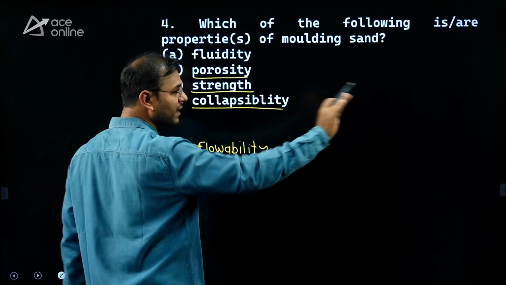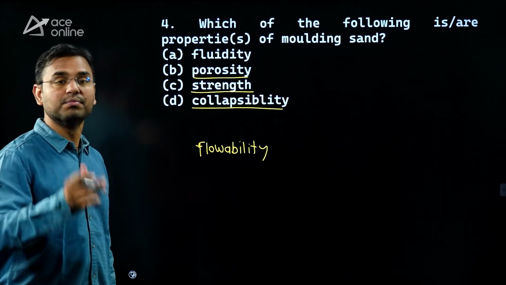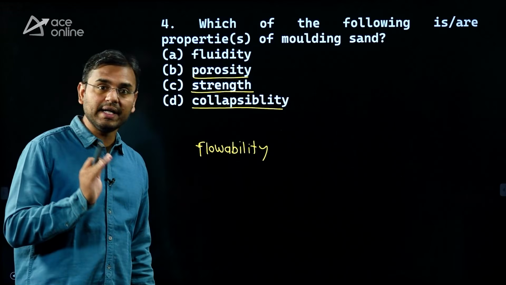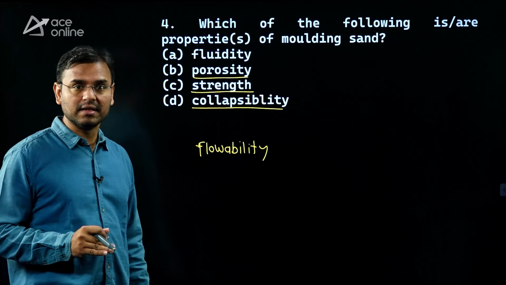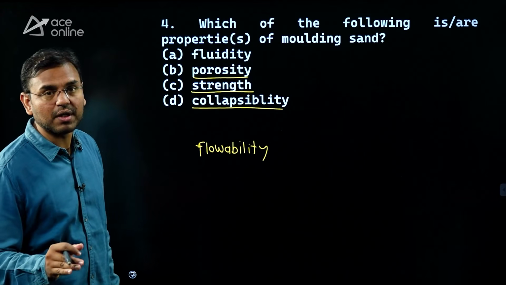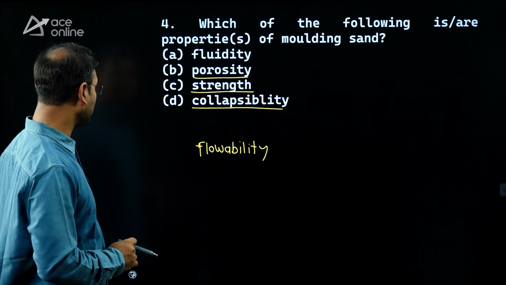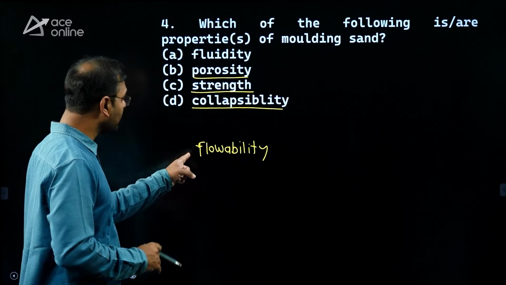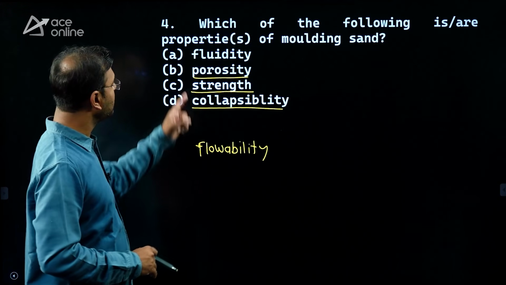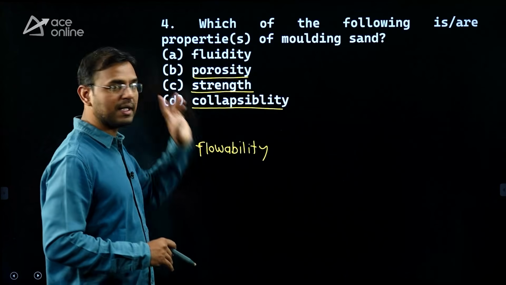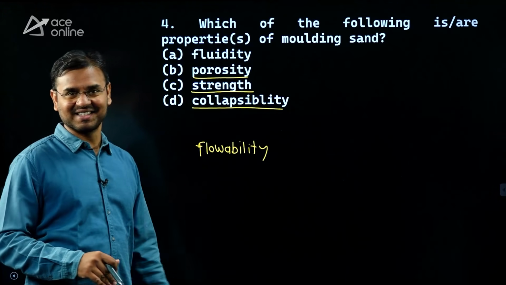But fluidity is not a property of molding sand. Fluidity is the property of fluids, that is, liquids and gases. But for molding sand, flowability is the property. If instead of fluidity I wrote flowability there, then all 4 options would be correct.